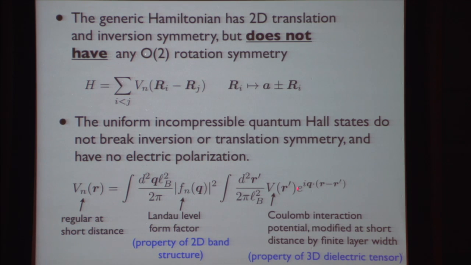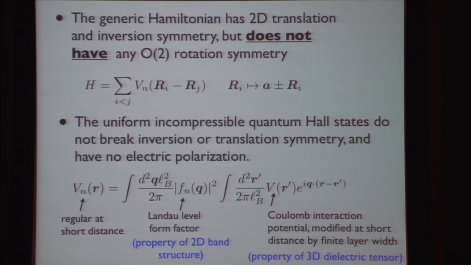You take the Fourier transform of the bare interaction, you multiply it by the form factors, which is essentially the Fourier transform of the Landau orbit structure, multiply them together and Fourier transform back into space, and the fact that the form factor falls off as a Gaussian at large distances means that you can expand this V_n of R, it is analytic at short distances. So all the short distance singularities of the Coulomb interaction were completely regularized and smeared out.